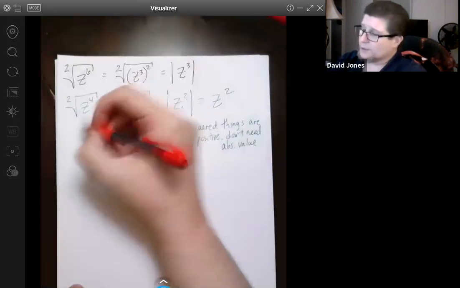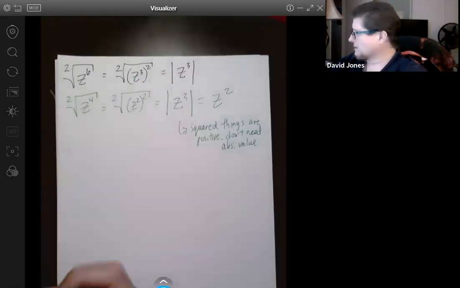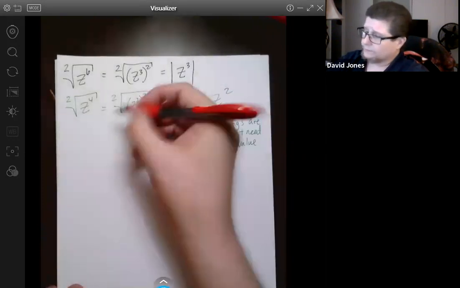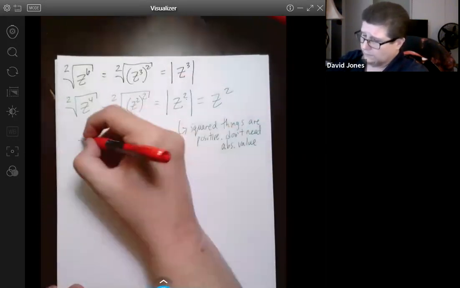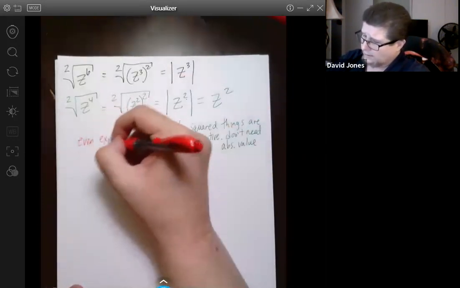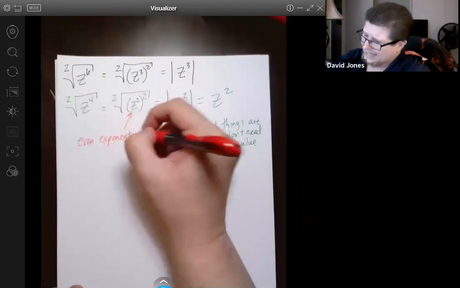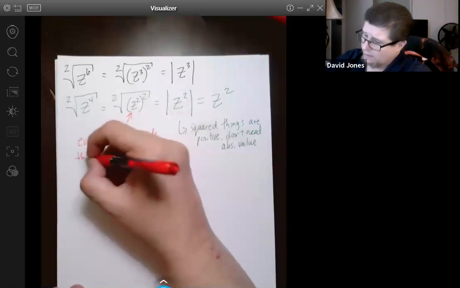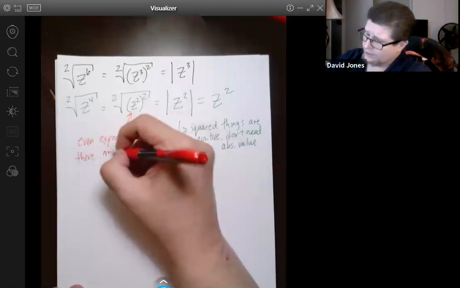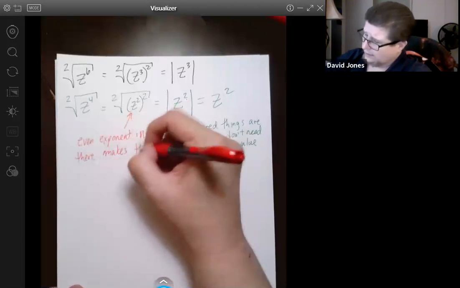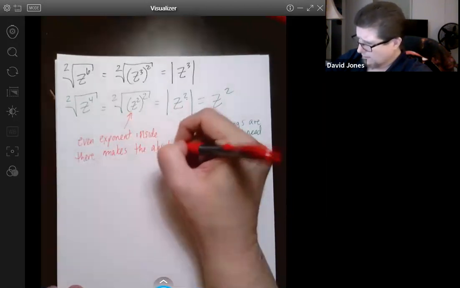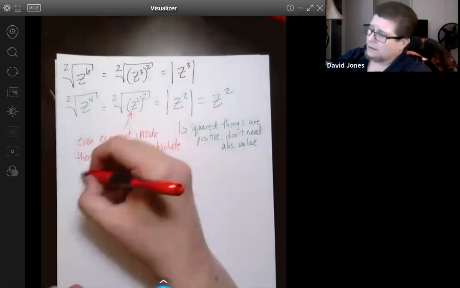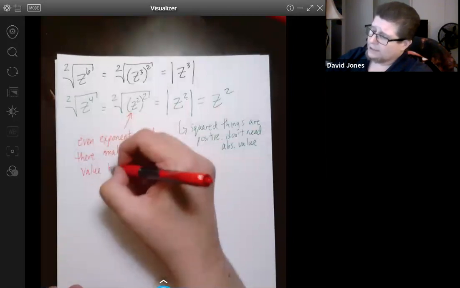So an even exponent inside there makes the absolute value bars irrelevant.